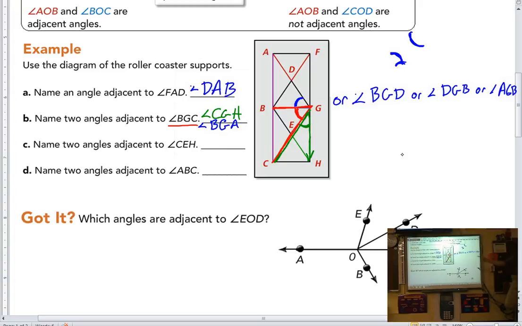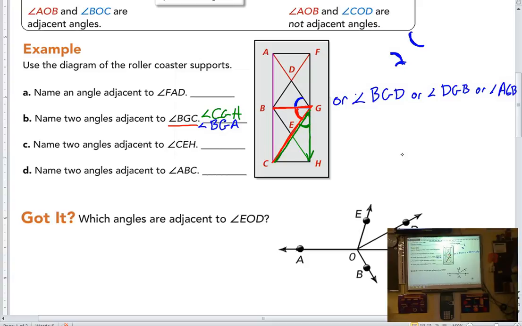So we've got a green angle adjacent, a blue angle adjacent. There's still more adjacent to that same start angle. So that I don't confuse anybody, I'm going to capture each individual question. I'll do 2 on one slide, 3 on one slide, and then 4 on one slide. Okay.